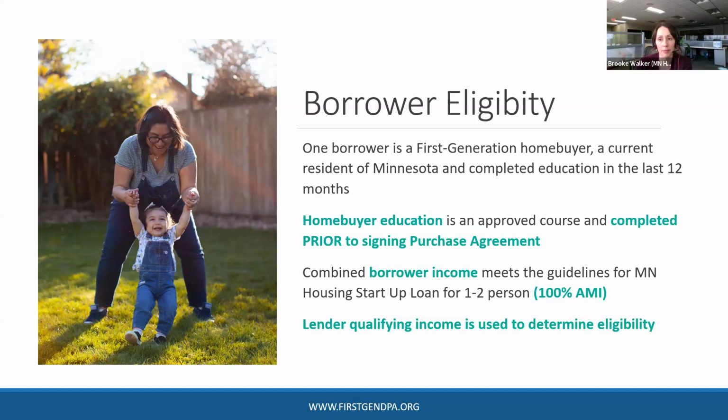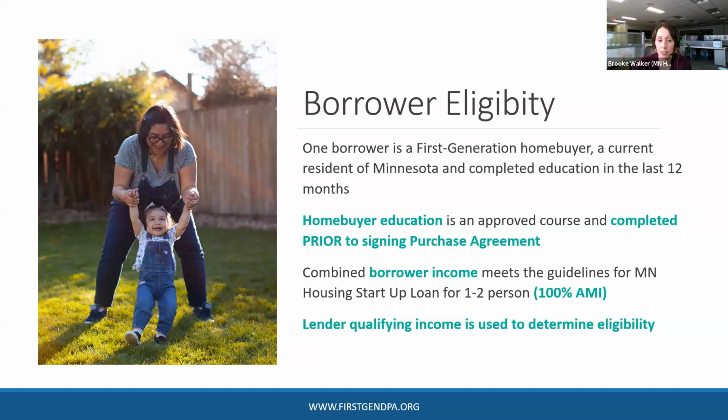So while that is a possibility, it's not what we see as a trend. We believe that borrower income accurately represents who's responsible for the mortgage and is what should be used, which also lends to the idea that you can use lender qualified income to determine eligibility.